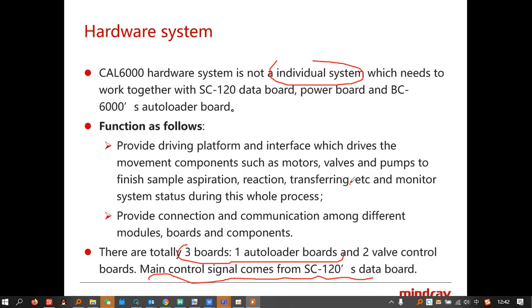But later in this year, maybe they will stop the generation 1, and then all the hematology line and standalone will be the generation 2. But this is another topic. Currently, we can use the standalone to install to the KELS 6000.